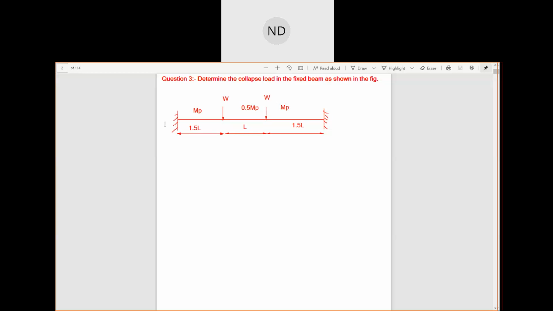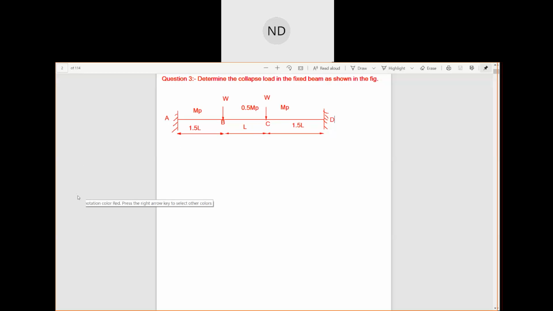These points we can consider to be A, B, C, and this to be D. Okay, A, B, C, D, we have this here. So we have to find out the collapse load now.